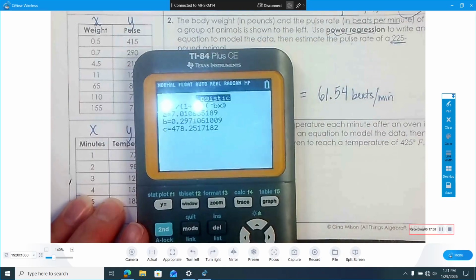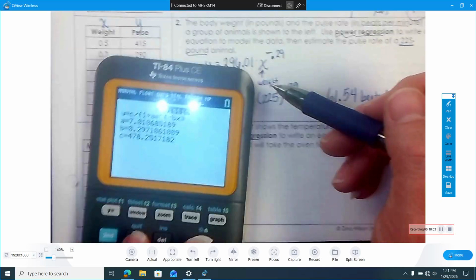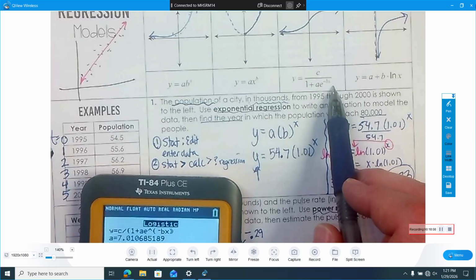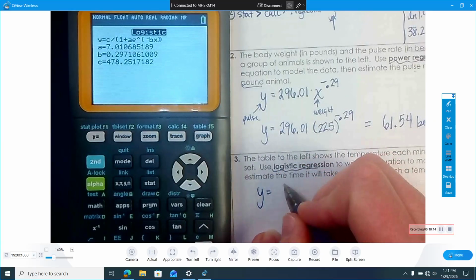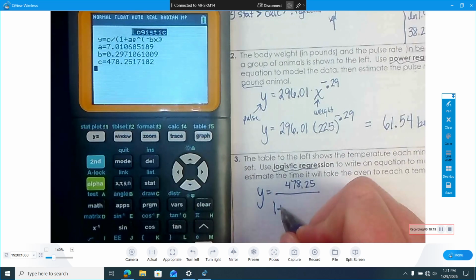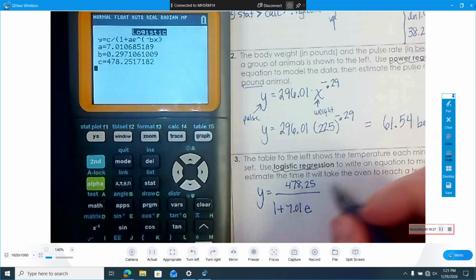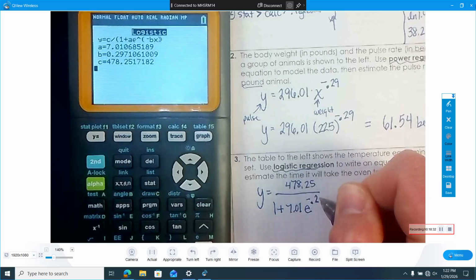All right, so what does this mean, this crazy expression? C over all that. Yeah, so it looks like what we started with at the top of the page. That's what it really would look like if it was in a fraction format. All right, so we get y equals 478.25 over 1 plus our A, 7.01 times e to the, oh, that's opposite of B, so negative 0.297.